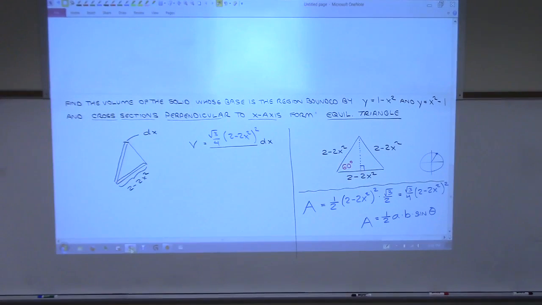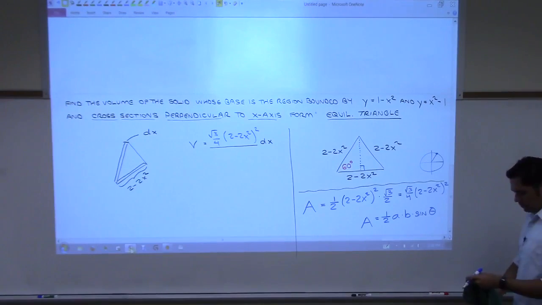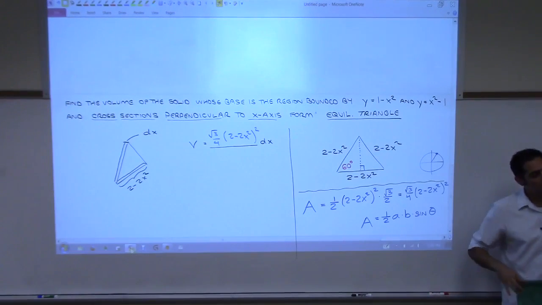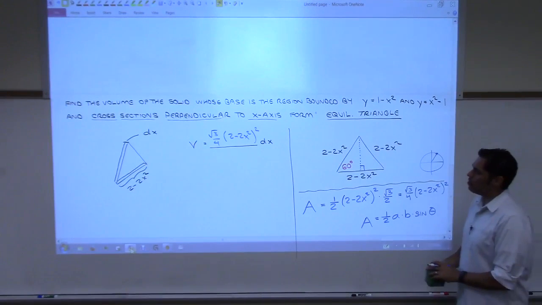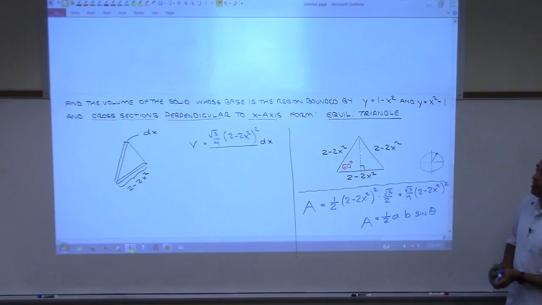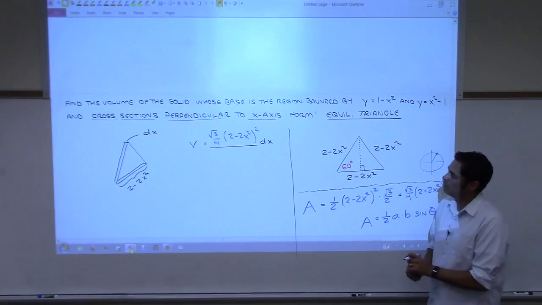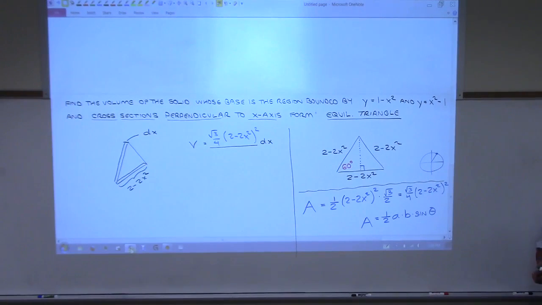For other triangles, would it always be square root 3 over 4? If it's an equilateral triangle, yes, it'll always be. All we would change would be the middle component, like the 2 minus 2x squared. That's the part that's going to vary.